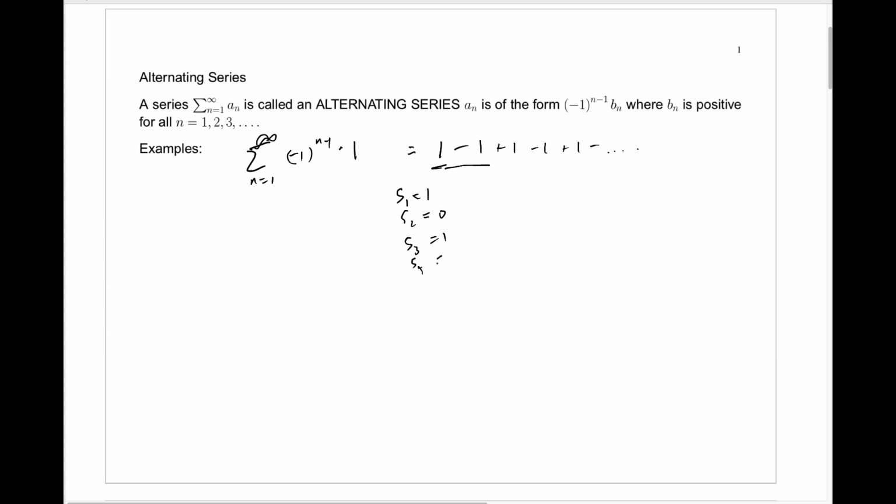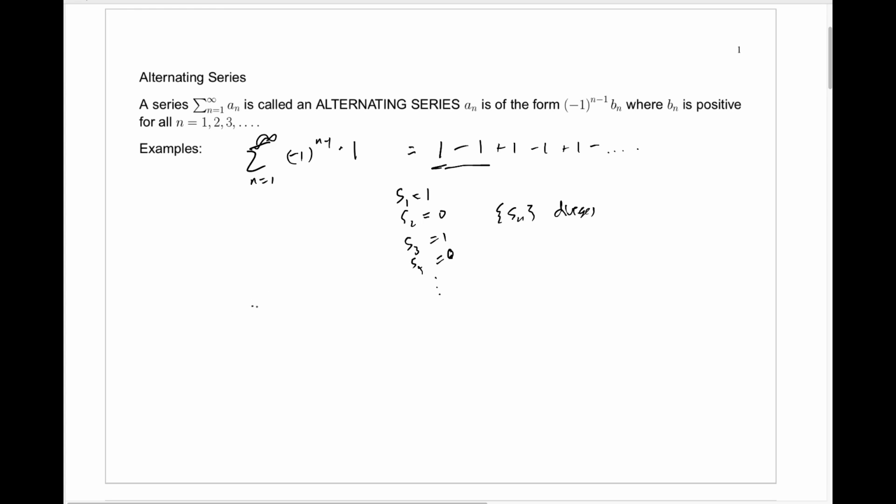The fourth partial sum is 0, etc. So for this particular alternating series, we can tell immediately that the sequence of partial sums diverges. It doesn't diverge like many sequences we've seen because they blow up. This one diverges even though it's still bounded because it just keeps jumping back and forth between 1 and 0. It's not converging to any one particular number.